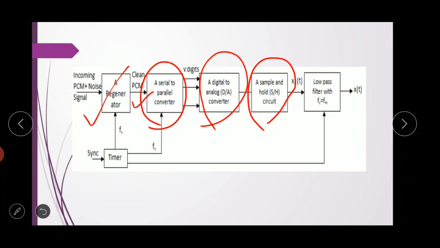Then the output of the sample and hold circuit is given to the low pass filter whose cutoff frequency is fm, and at the output of the low pass filter we get our original signal, that is x(t). The synchronization pulse is given to the regenerator, serial to parallel converter and low pass filter. So this is all about PCM, the pulse code modulation technique.